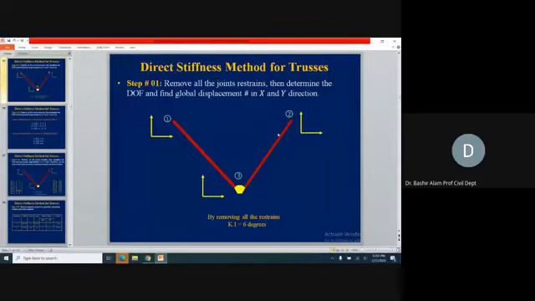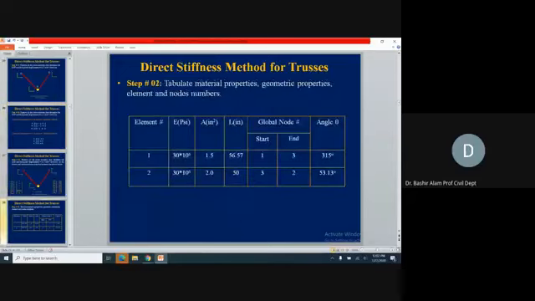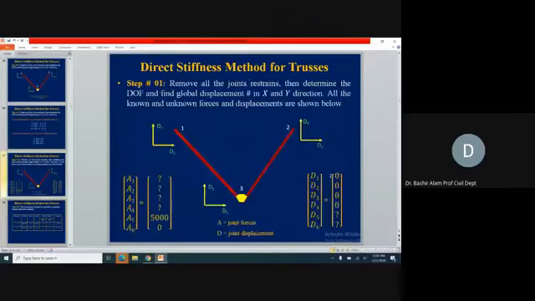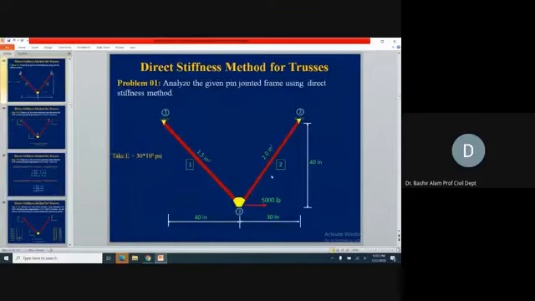Now member 2, the connectivity is given now for member 2. You see here length is given, this is the cross-section, and now connectivity we are saying 3 to 2. It is connected and the angle is 53.13. So member 2, I'm coming in 3 to 2, it is connected. So here this is my member 2 now, and 3 to 2 we are saying.